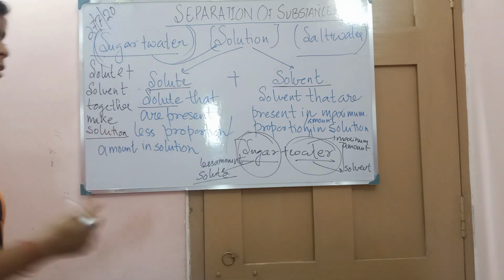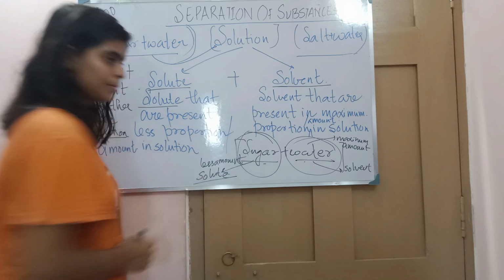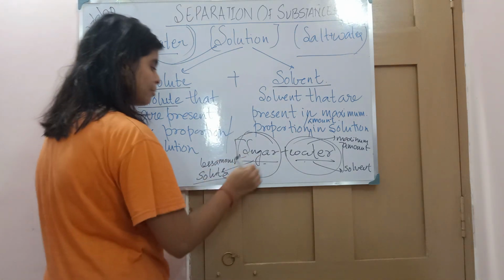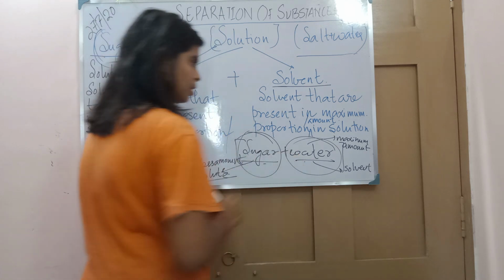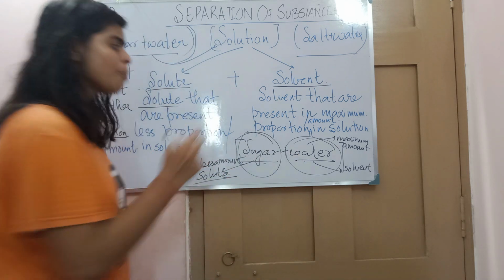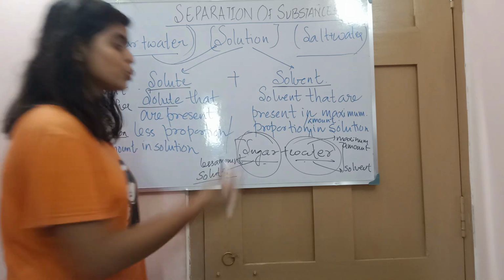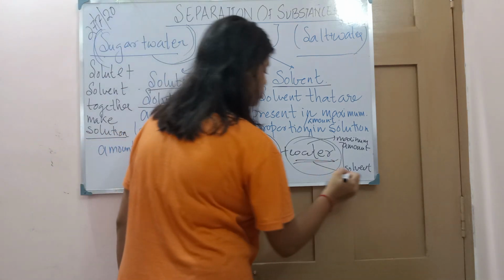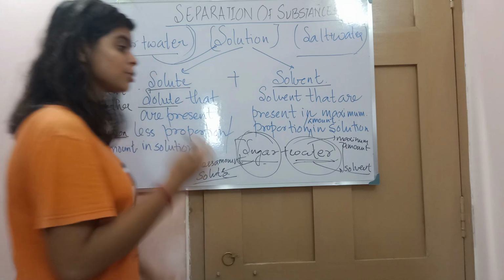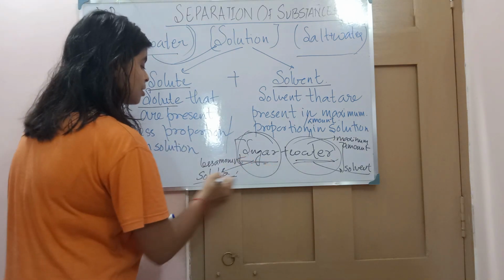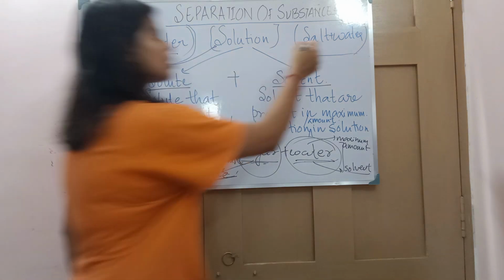As an example, we have taken sugar plus water. When we are mixing sugar in water, which component is present in the maximum amount, sugar or water? Water. Since it is present in the maximum amount, we call it a solvent. And which component is present in a lesser amount? Sugar. So we call it a solute. Similarly, take salt plus water.